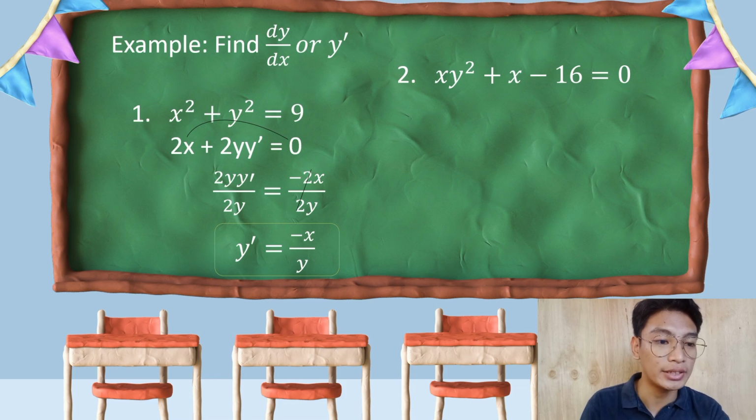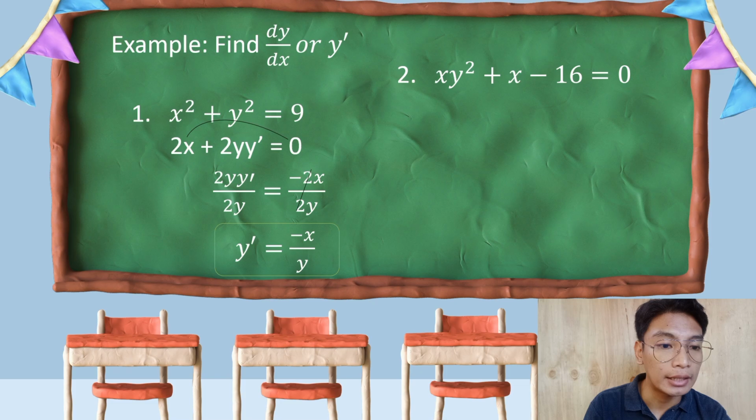Again, you can pause this video and answer this function on your own. So again, to follow the formula, first we are going to find the derivative of this function.